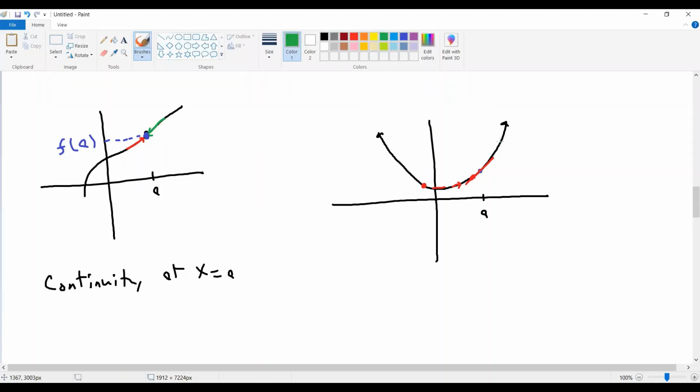If we do the same thing from the right, that secant looks like that, but as I bring this point closer and closer, notice that the slope is approaching the same thing. So the function is approaching the same exact level of steepness from the left as from the right. It doesn't matter which direction you're coming from, that steepness gets to the same exact thing. So that's the difference. This is differentiability.